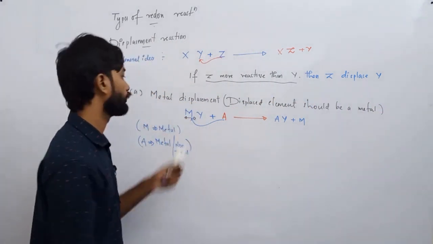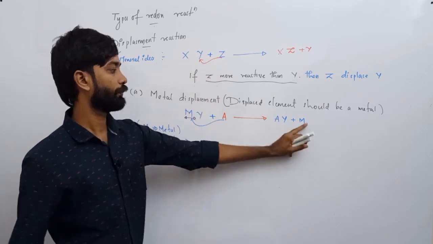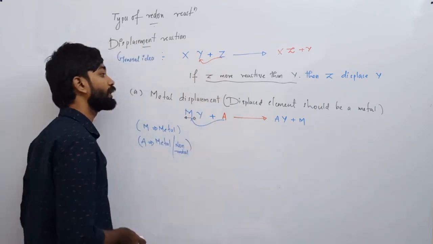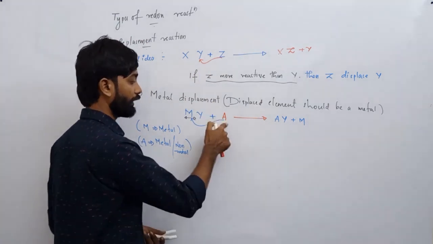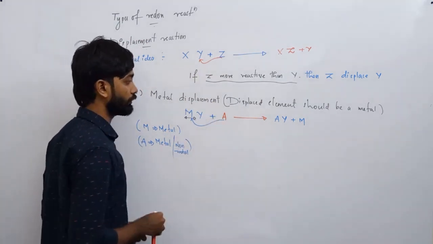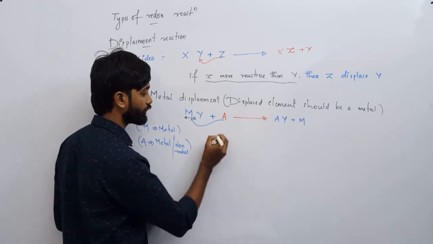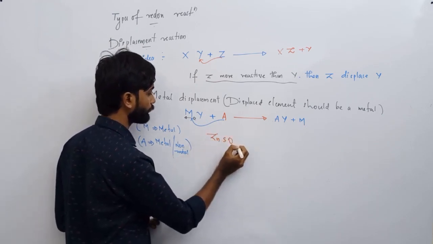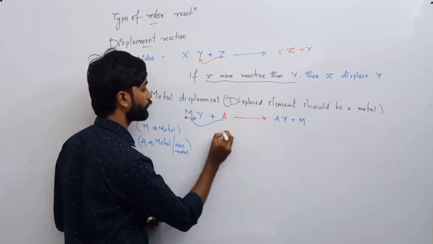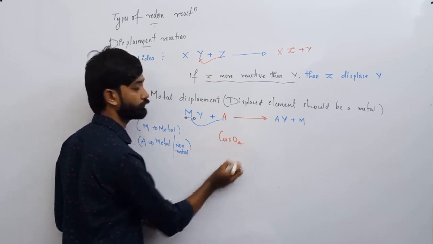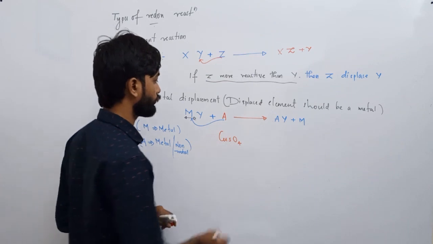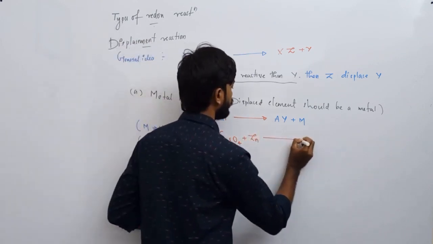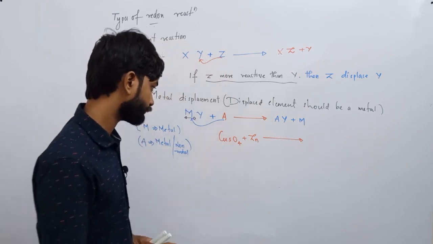Ready. Now here the displaced element is M. M is a metal, and the displacement can be shown by A, which may be metal or non-metal. I'll give you examples. If you have a compound CuSO4 and simply I'm adding zinc to it, what happens?